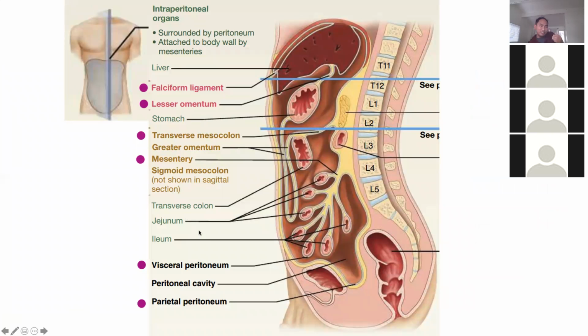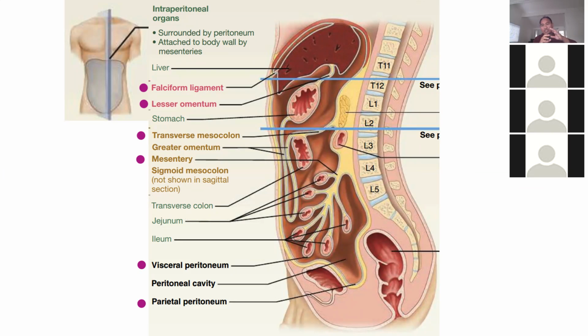And this is the sagittal section. So we have to follow the peritoneum. Like this pericardium, pleura, we have two layers. So the thing we have to remember is like our abdominal wall is acting as a boot, big boot Nike, and we have to wear two socks.